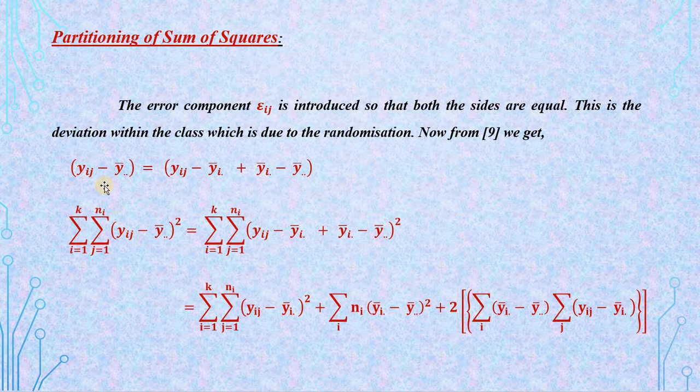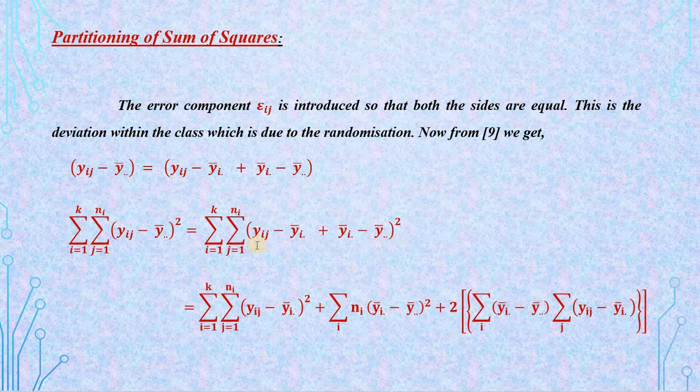So you take the squares of both sides and take the summation for i and j. So here on the left side it is double summation i from 1 to k, j from 1 to ni, yij minus y double dot bar whole square, which will be equal to double summation i from 1 to k, j from 1 to ni, yij minus yi dot bar plus yi dot bar minus y double dot bar whole square.